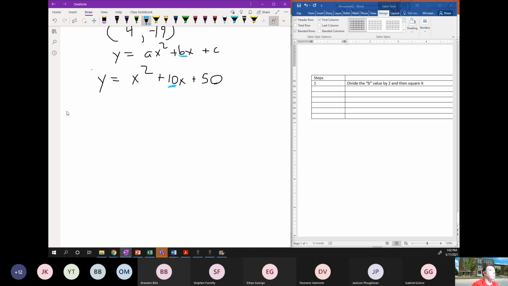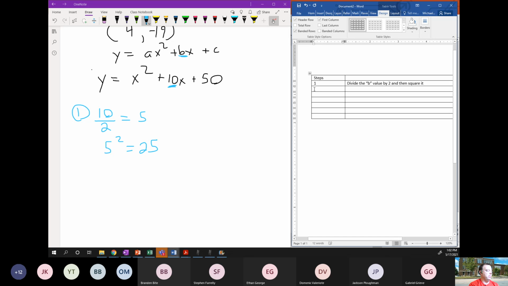Okay, so step one, I'm going to go 10 divide by 2 equals 5. Then I'm going to go 5 squared equals 25. So that's step one. Our goal is we're going to try to make a perfect square so we can make it in the vertex form.